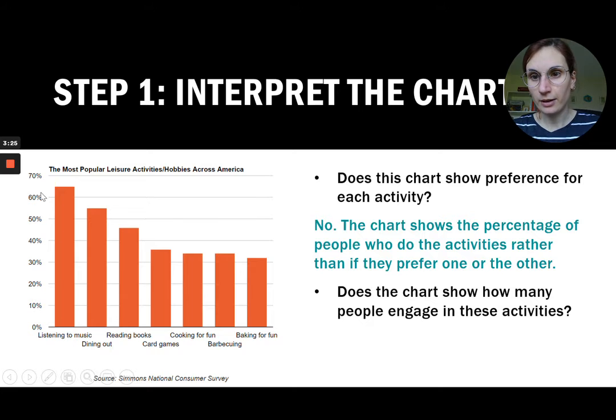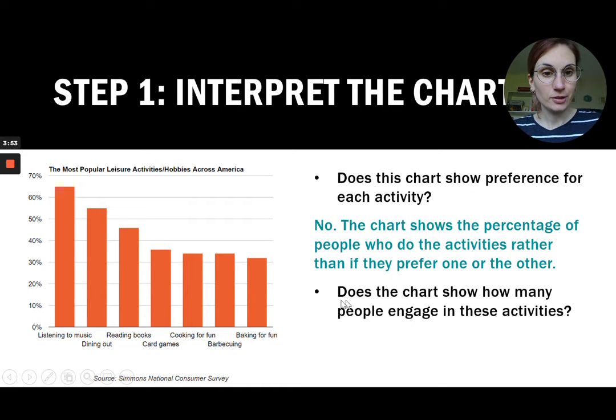But here, if we have 65%, let's say, and here we have dining out, so we have 55%. If you add up, that's more than 100%, so that wouldn't work. So that's why it's not preference. This chart shows the percentage of people who do the activities rather than if they prefer one or the other.